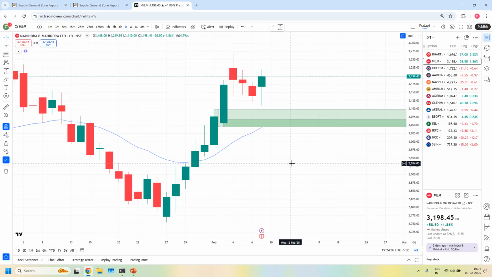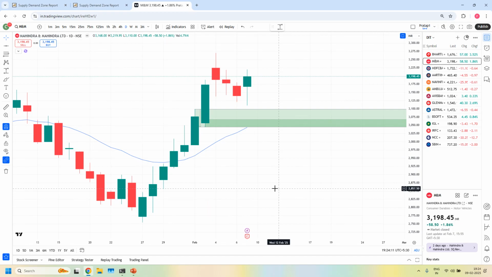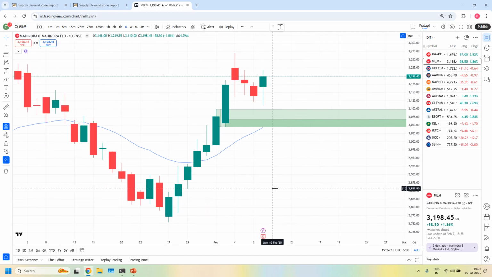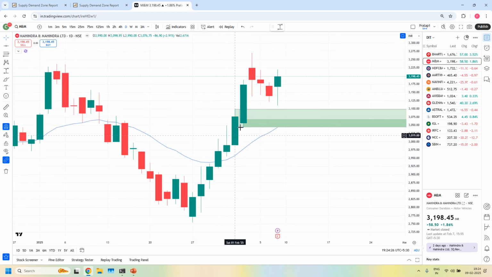M&M is also having daily EMA confluence. Where is the daily zone? Probably this is the one: rally, one base candle. Maybe our software considers this as medium or leg out.